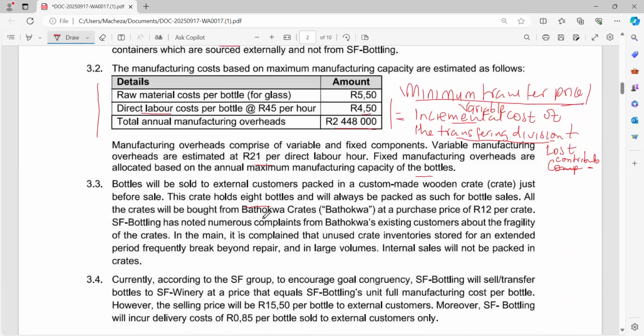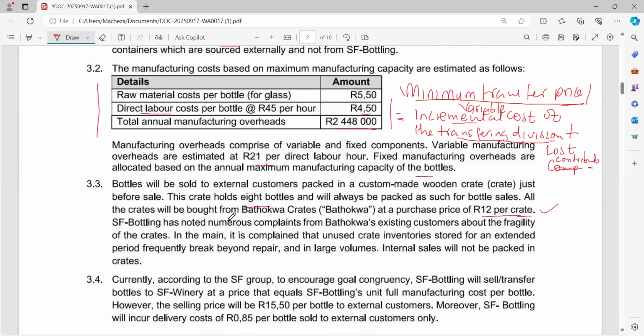All the crates will be bought from Tokwa at a purchase price of 12 Rand per crate. So that's the cost of the crate. Then, this cost of the crate, is it going to be part of the incremental cost?